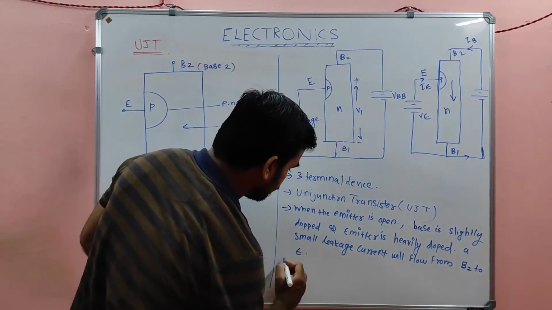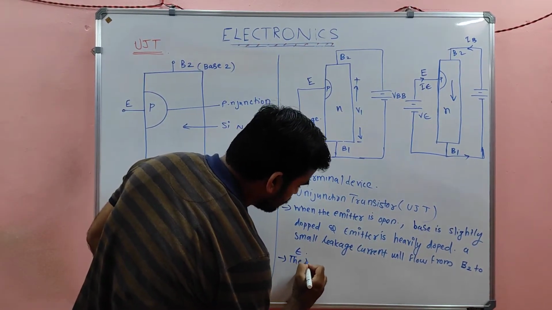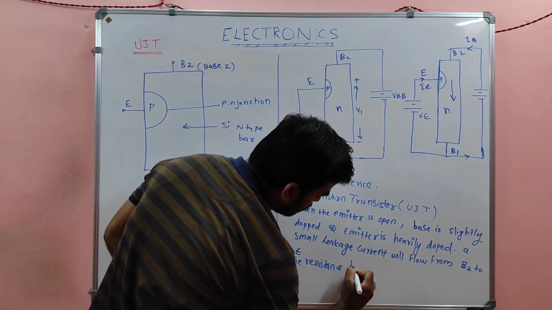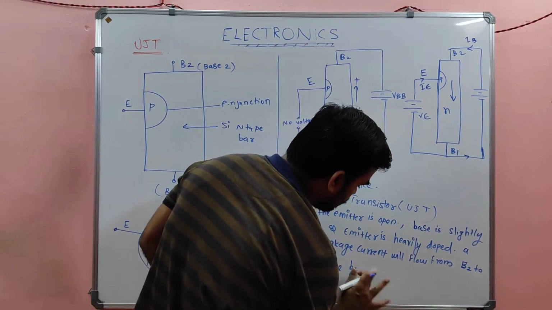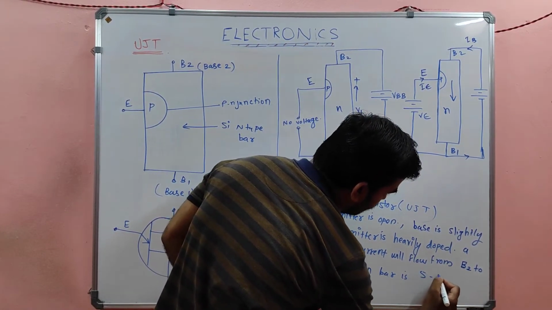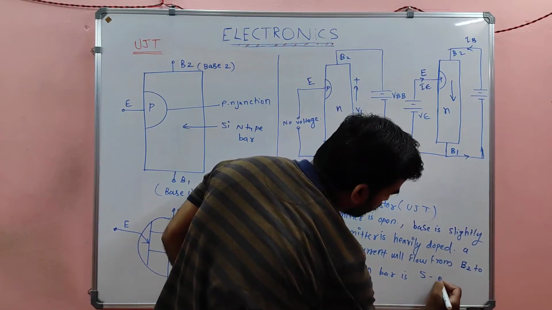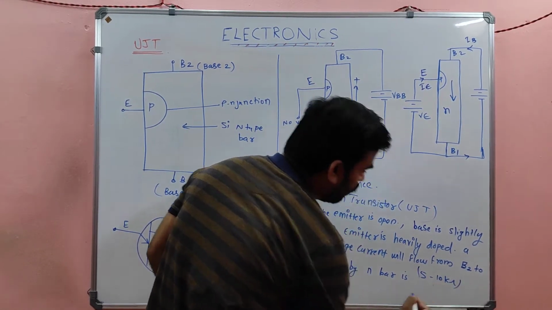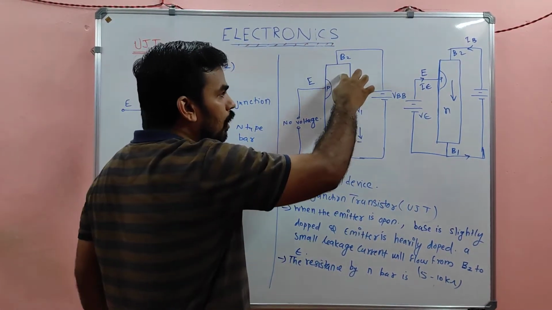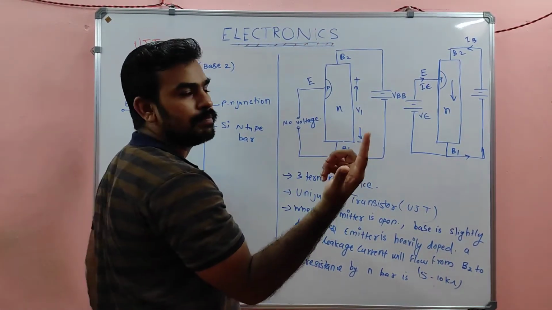The resistance of the N bar is nearly 5 to 10 kilo-ohms.